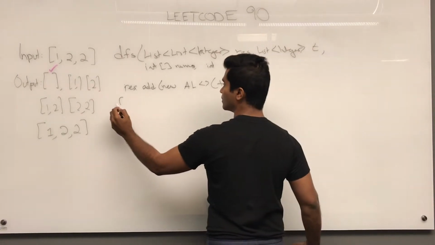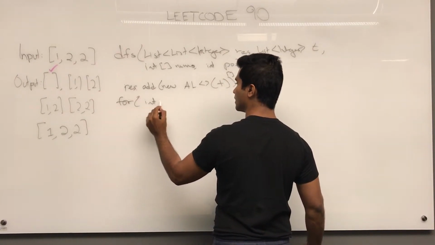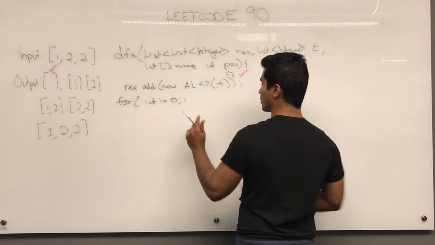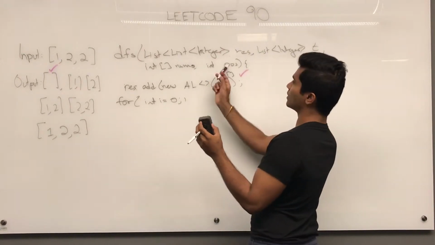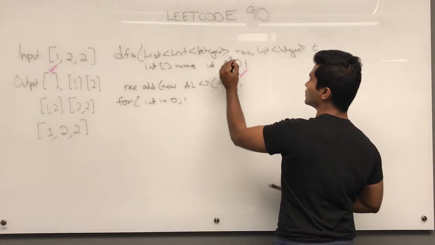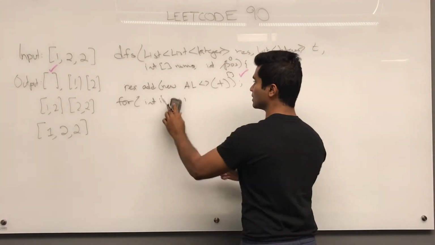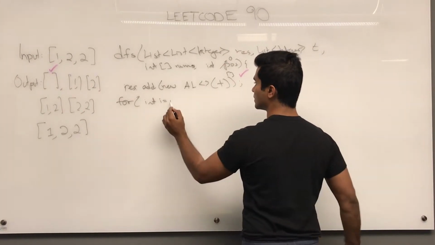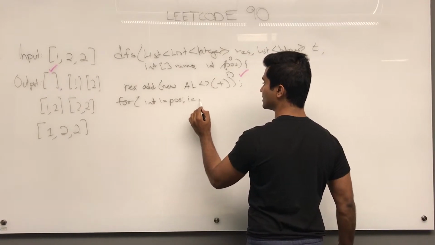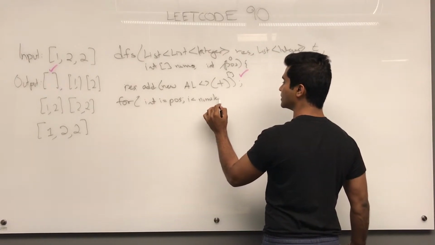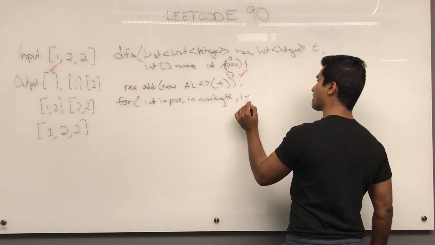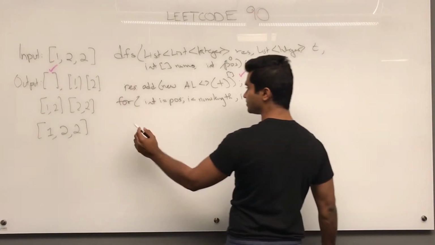Then what we're going to do is for int i is equal to 0, or rather pos, but pos was 0 when it was passed in. So this is going to be pos. i is less than nums.length, i plus plus.